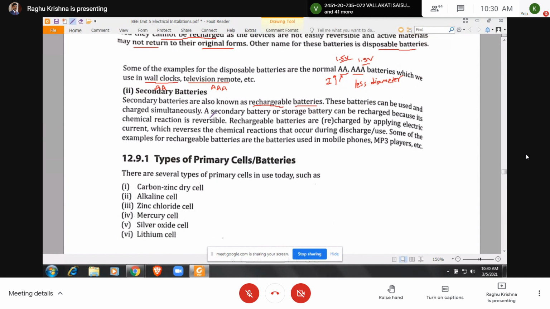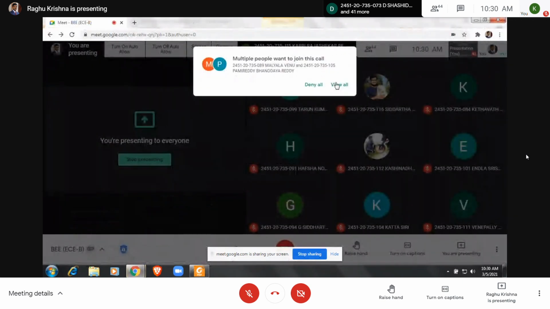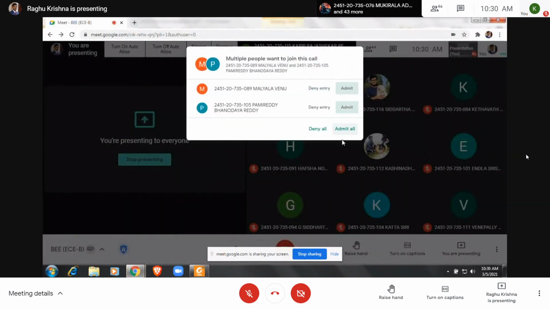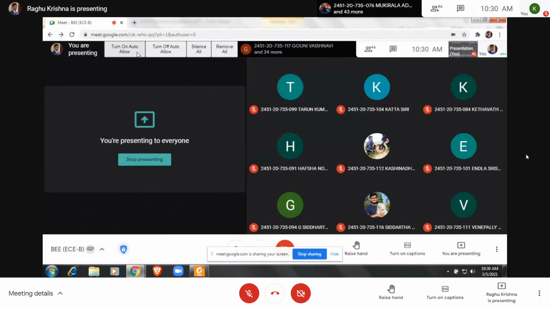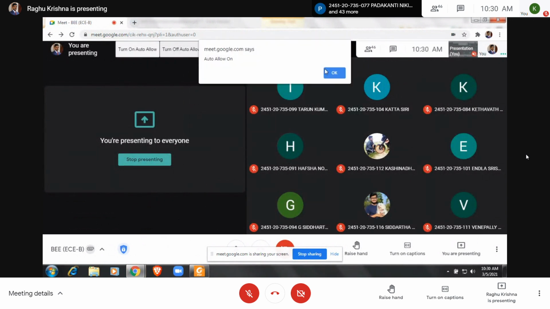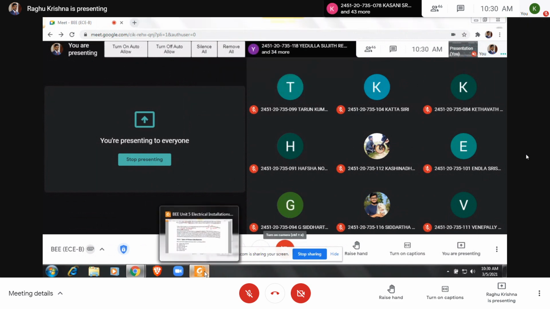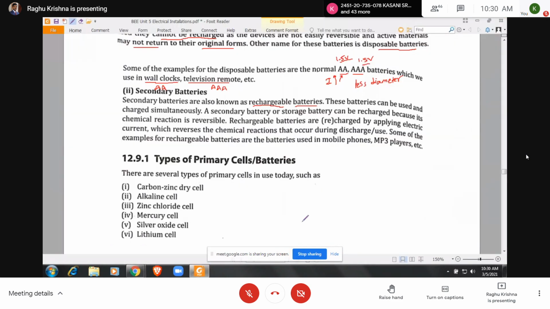Now here, a secondary battery or storage battery.